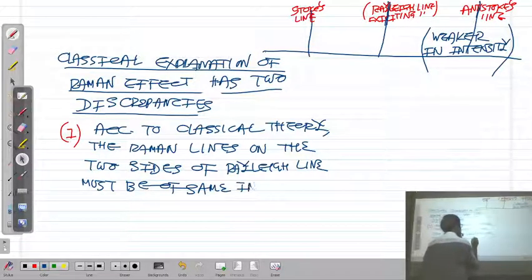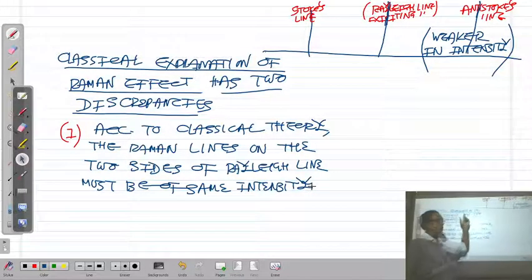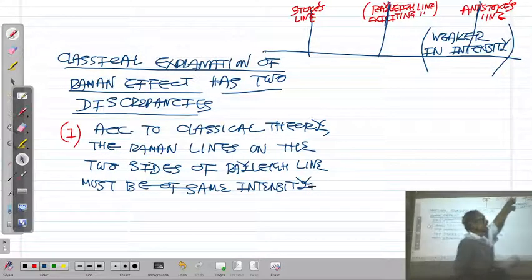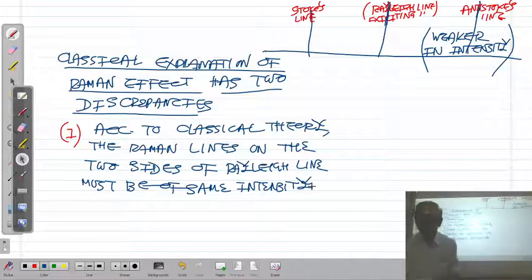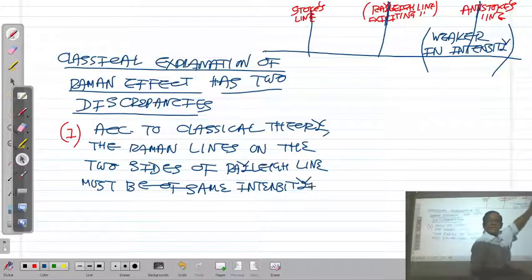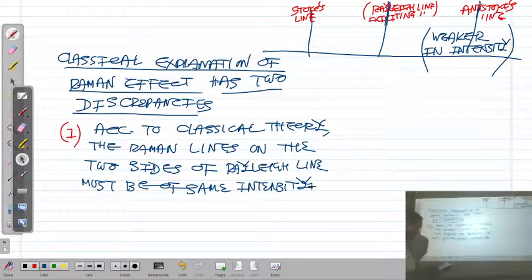That is what classical mechanics says, but it is not like that. The intensity of Stokes line is more and the intensity of anti-Stokes line is weak. Okay, so we mentioned that limitation.